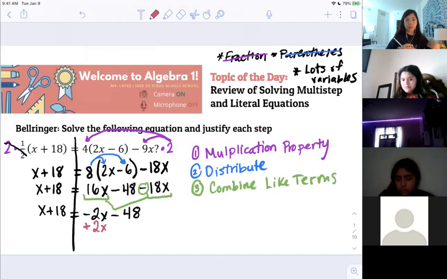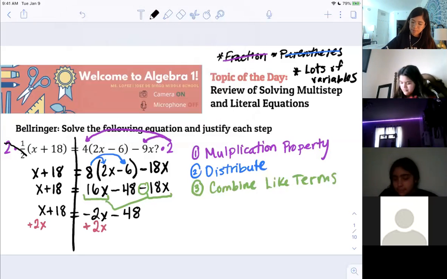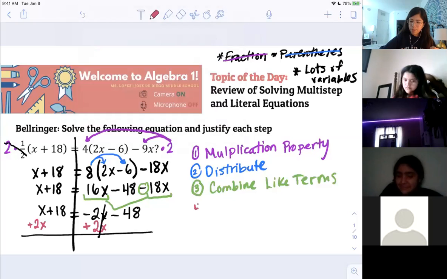You're going to add or subtract. And since I have a minus sign, that's how I know I need to do the opposite of minus, which is plus. So I'm going to add 2x. For some reason, that step confuses a lot of people. So make sure you understand that step 4, we're using the addition property.